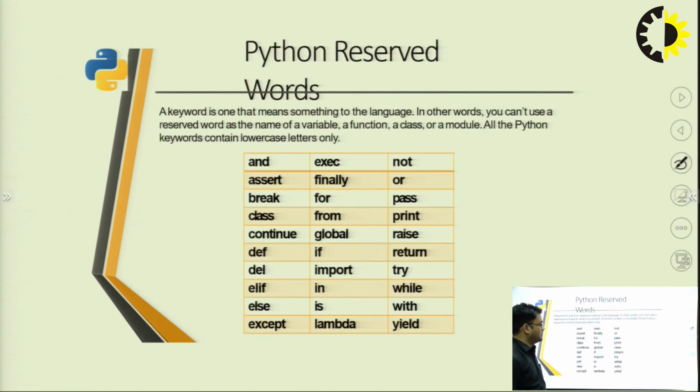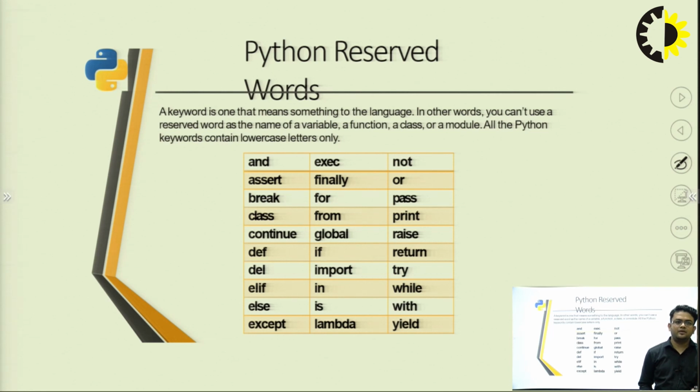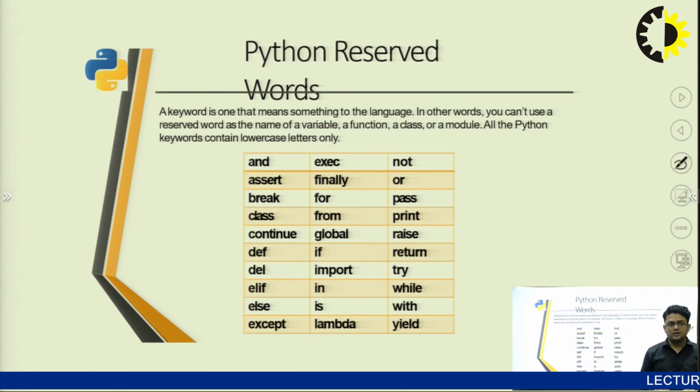Python reserved words. What is a reserved word? A reserved word is something that means something to the language. In other words, you cannot use a reserved word as the name of a variable. That means we cannot use a reserved word as an identifier name. All the Python keywords contain lowercase characters only. All the reserved words are important words which have a specific meaning in the programming language.